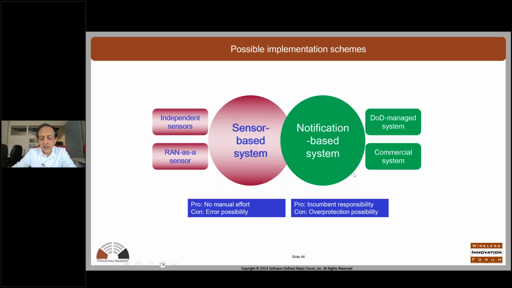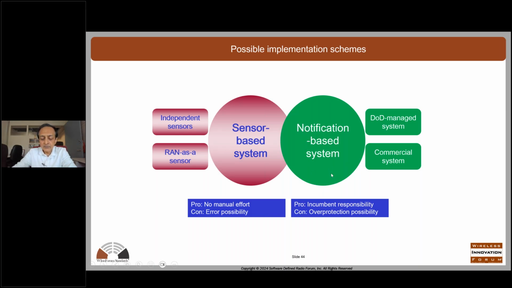The main advantage here is the responsibility for notification goes towards the incumbent. So there is no burden on part of the commercial system to identify. It is always the responsibility of the federal system to notify when it is becoming active. So there's less error prone from that perspective.